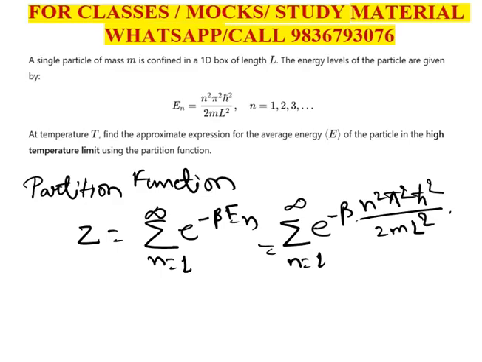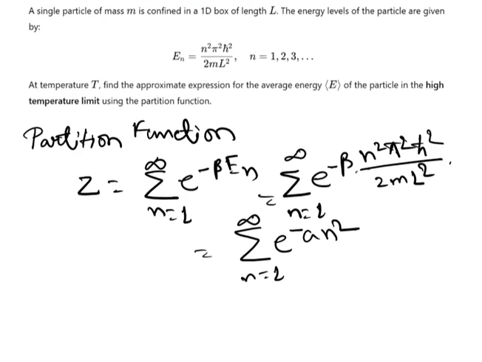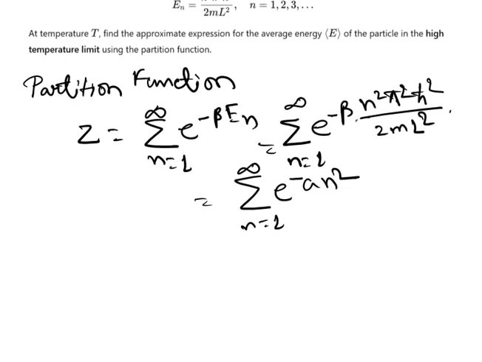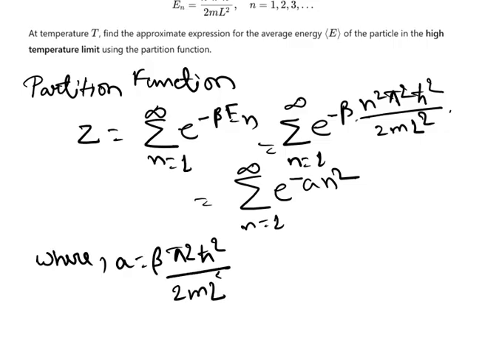So let's say we have the sum over n of e^(−a n²), where a = β π² ħ² / (2 m L²).